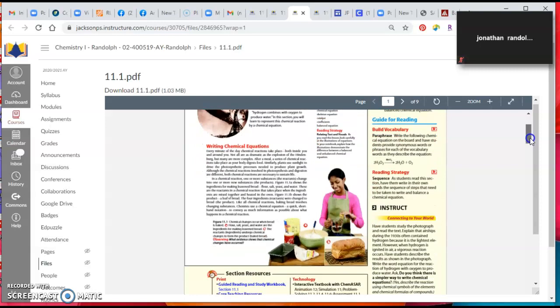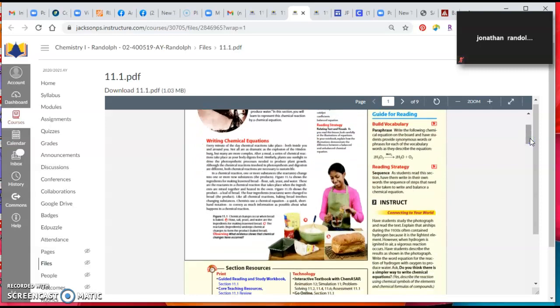When you're writing chemical equations, these are some of the things you all have seen so far, but the way you should think of a chemical equation is as a sentence. A plus B yields AB or ABC, or A plus B plus C equals AB, and so forth. It's the same as if you were baking bread.